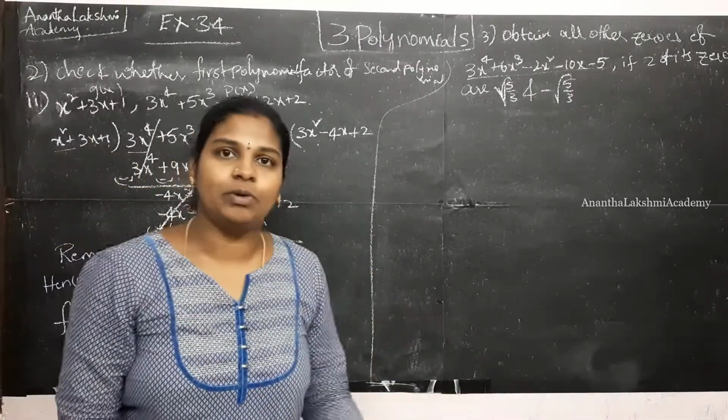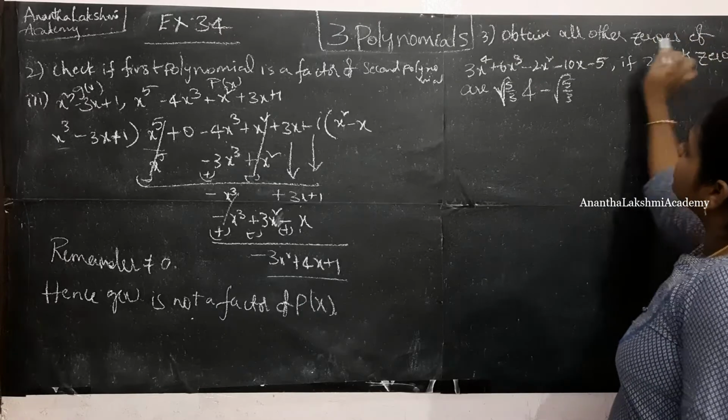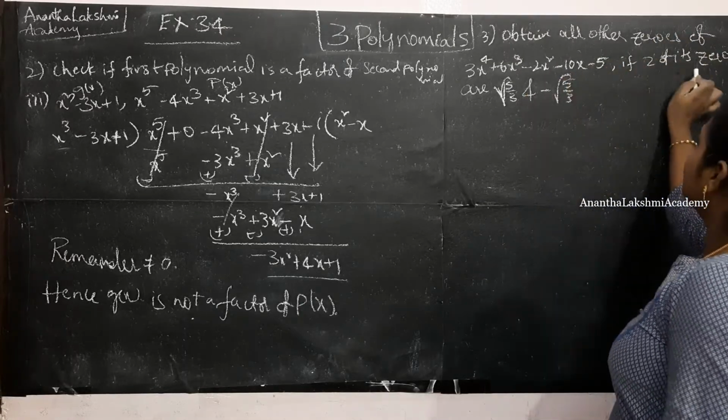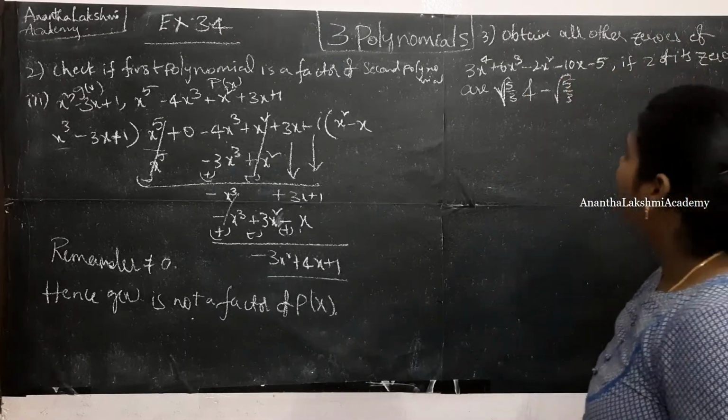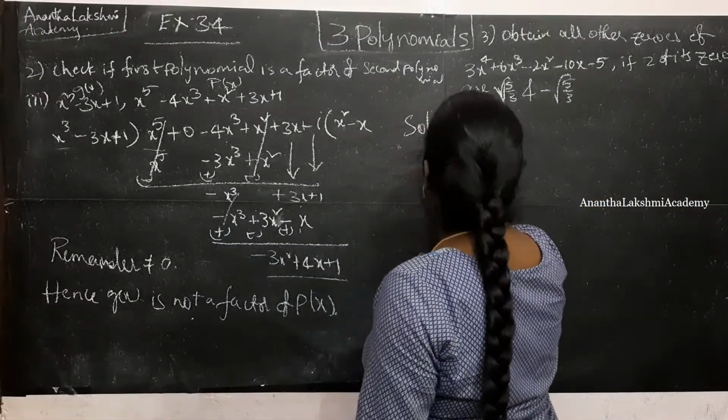Let's jump into problem number 3. They are asking us to obtain all other zeros of this polynomial if two of its zeros are root 5 by 3 and minus root 5 by 3.